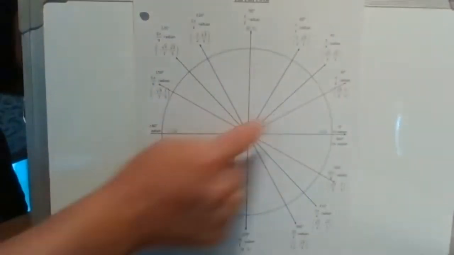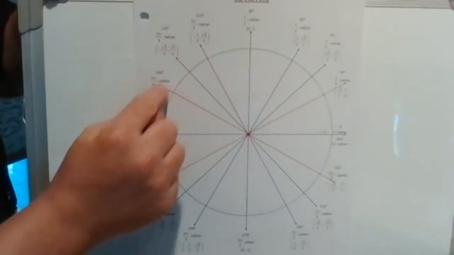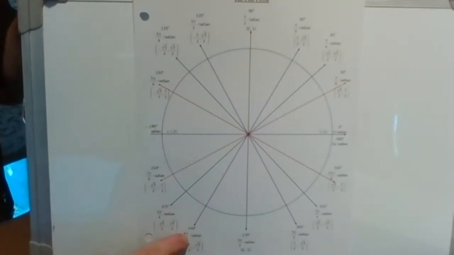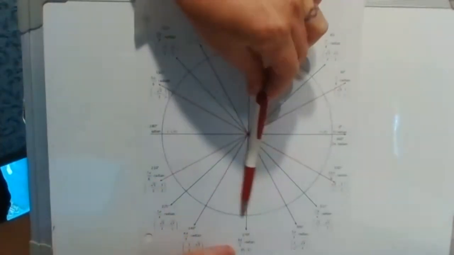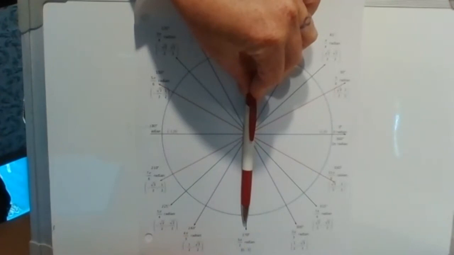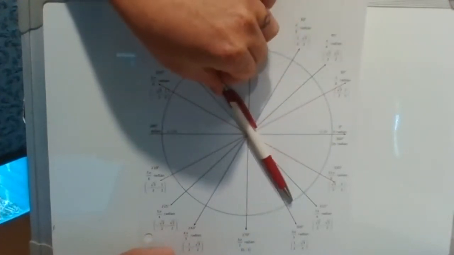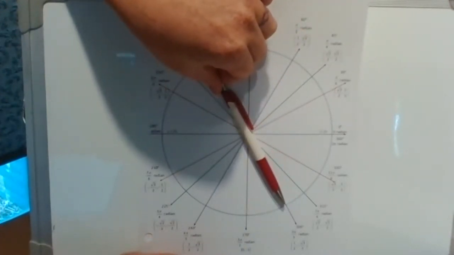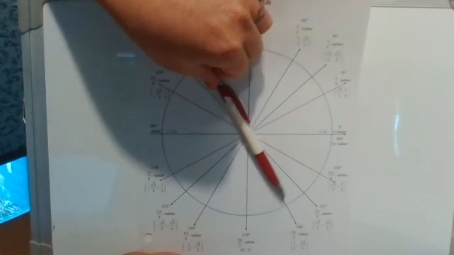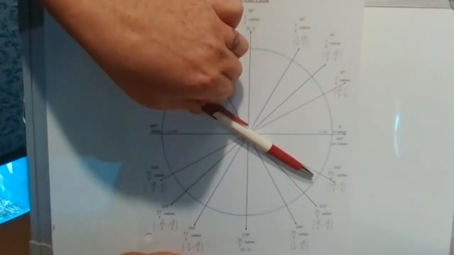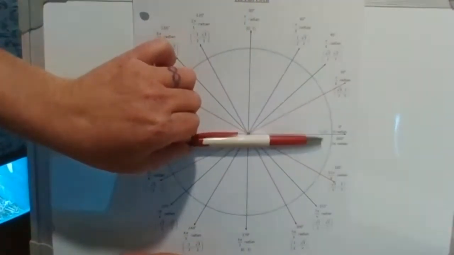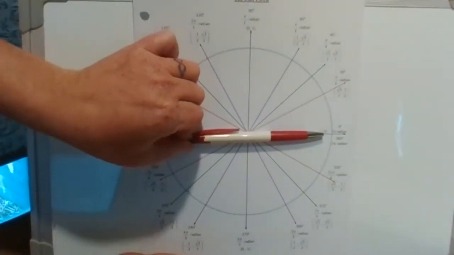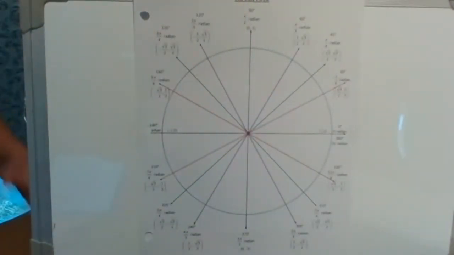So 1, 2, 3, 4, 5, 6, 7, 8. 9 pi over 6 simplifies to 3 pi over 2. 10 pi over 6 simplifies to 5 pi over 3. 11 pi over 6. And then 12 pi over 6 simplifies to 2 pi. So that's another way that you can help with your radians around your unit circle.